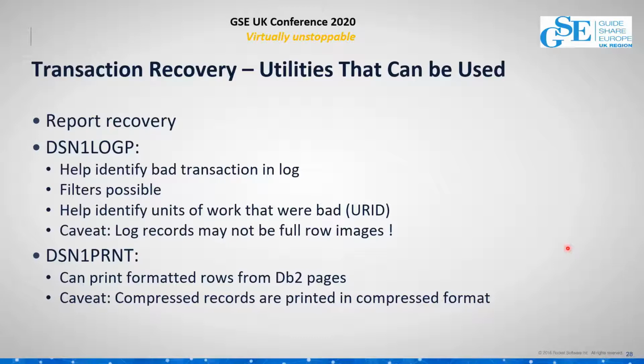So only in combination with the previous image copy would you be able to construct a full row image. Then you have DSN1PRINT available. You can print formatted rows from DB2 pages, but if your DB2 table space is compressed, tough luck, then you only get compressed rows with DSN1PRINT. You can easily tell that this is going to become a complex exercise here.